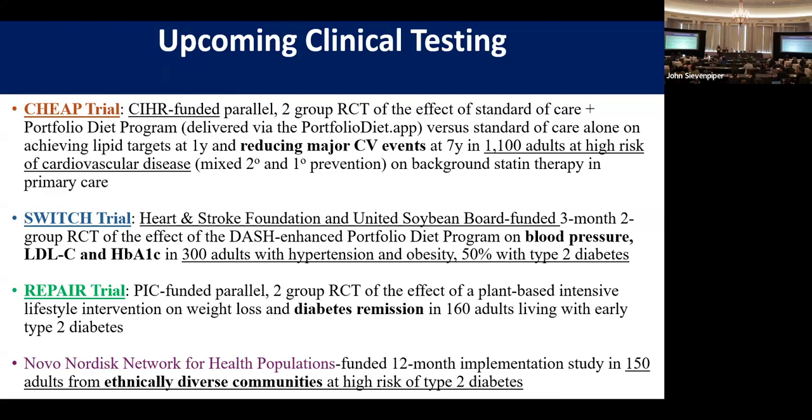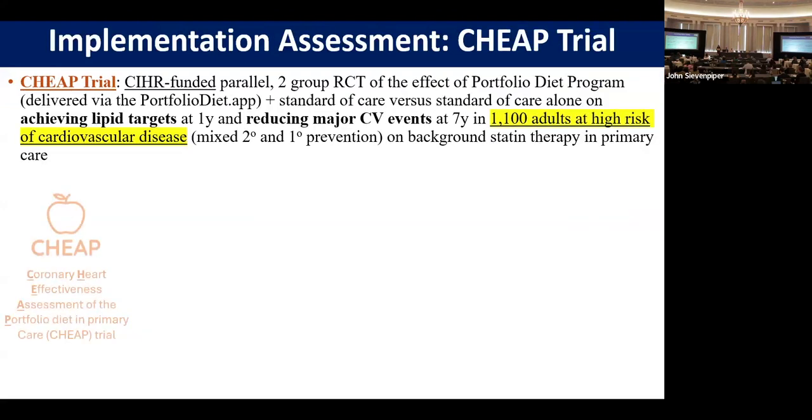So the SWITCH trial is demonstrating how a DASH-enhanced version of the portfolio diet program can be effective by adding those pieces from the DASH to help with blood pressure reduction, as well as looking at LDL cholesterol and HbA1c in 300 adults with hypertension and obesity, 50% with type 2 diabetes. And then the REPAIR trial is leveraging the portfolio diet program to help with the weight maintenance phase of the plant-based intensive lifestyle intervention for diabetes remission.